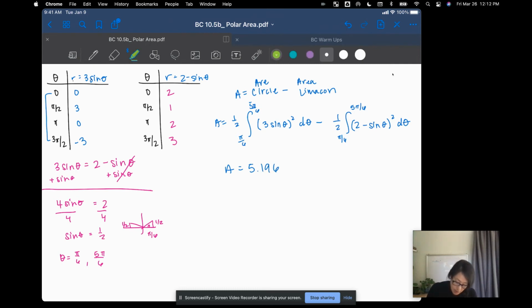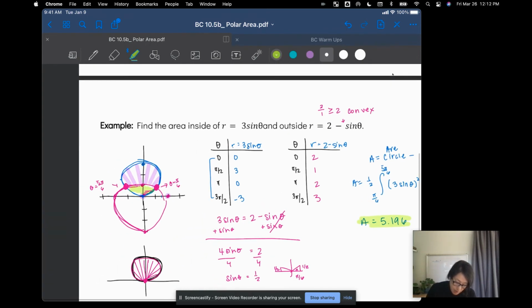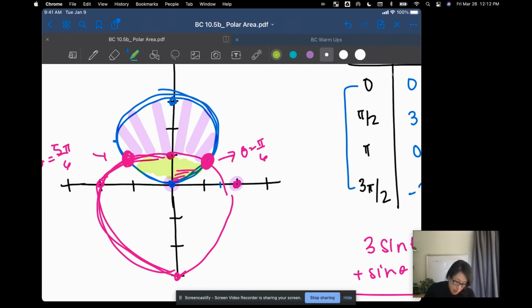5.196. Okay. We look back at the equation. What I have is I'm getting the area basically from the pole to the intersection.